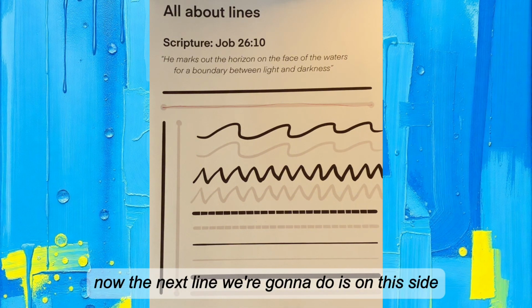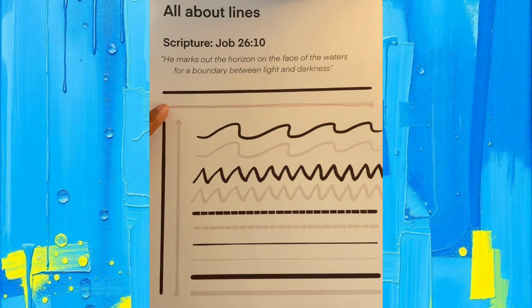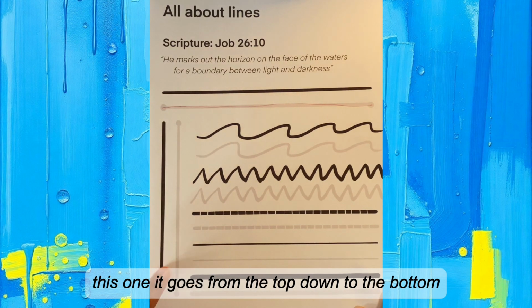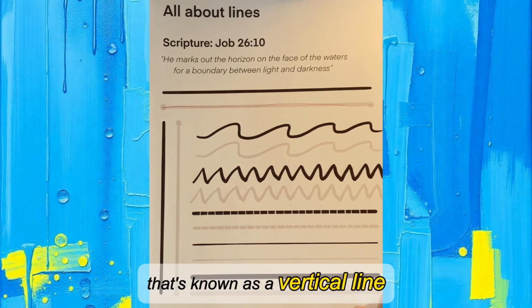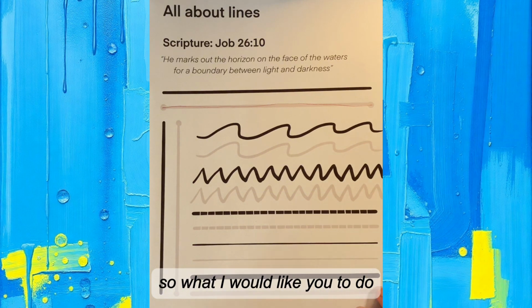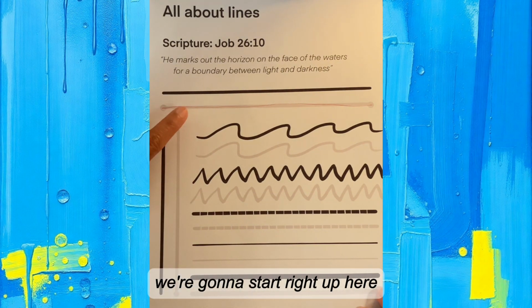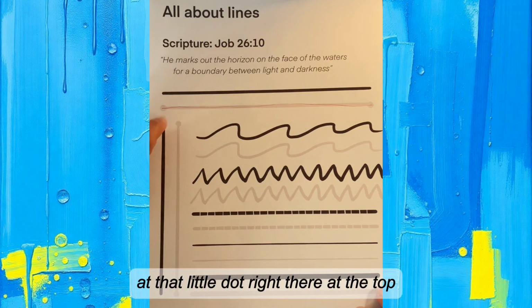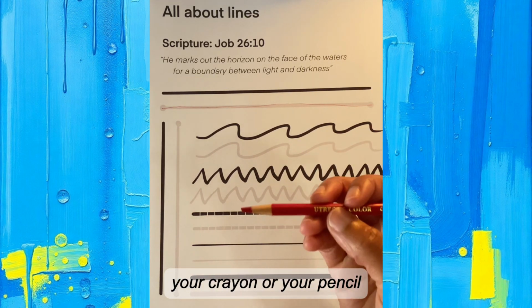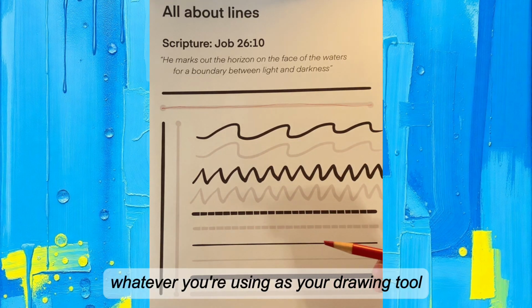Now, the next line we're going to do is on this side. This one goes from the top down to the bottom. That's known as a vertical line. So what I would like you to do, we're going to start right up here at that little dot at the top. You're going to take your color pencil, your crayon, or your pencil, whatever you're using as your drawing tool.